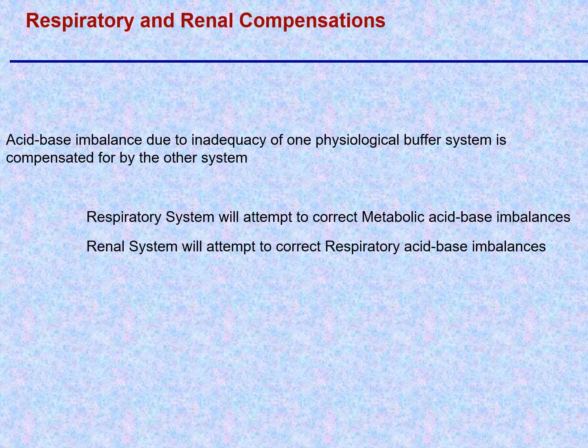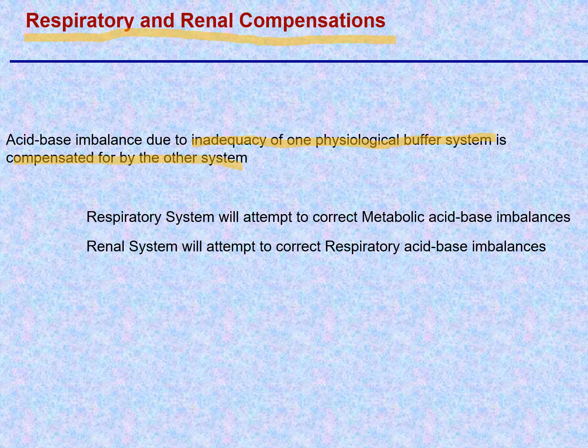So, in order to compensate for pH imbalance, both the respiratory and renal systems can kick in and try to correct. Typically an inadequacy in one physiological buffering system is compensated for by the other.